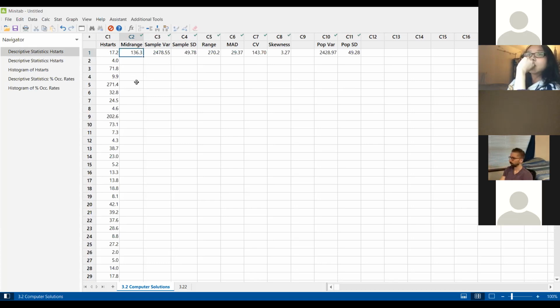All right. Now, what did I do? What is this asking to do in this page here? It's asking us to calculate a couple things. We need to calculate the range. Let's see what else.